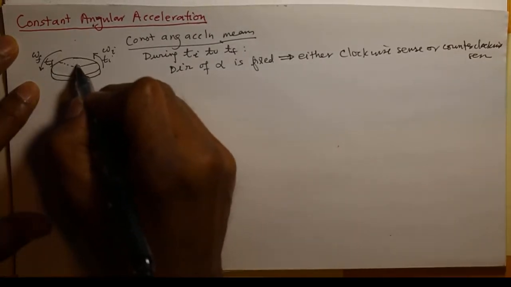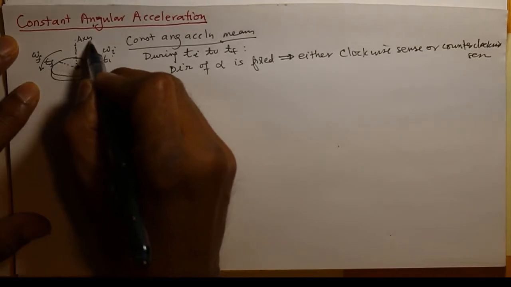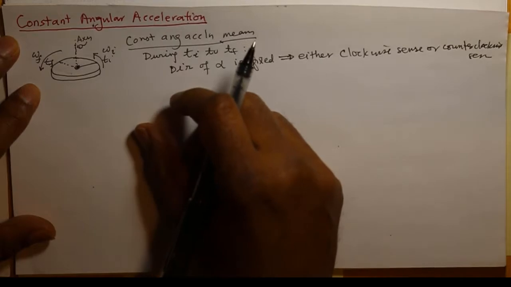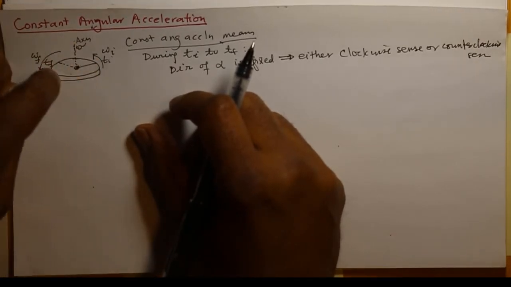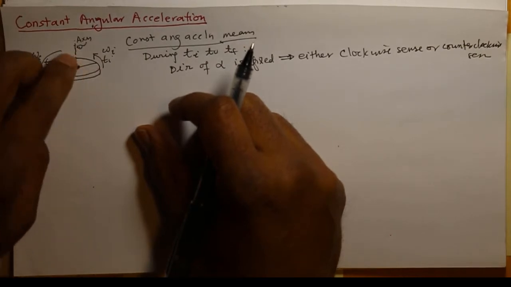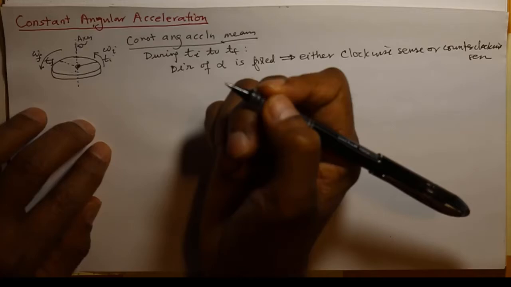For instance, if the axis was pointed this way, and I'm looking from the axis, then if it's speeding up, alpha will be positive. If it's slowing down, then alpha will point the other way, so alpha will be negative.